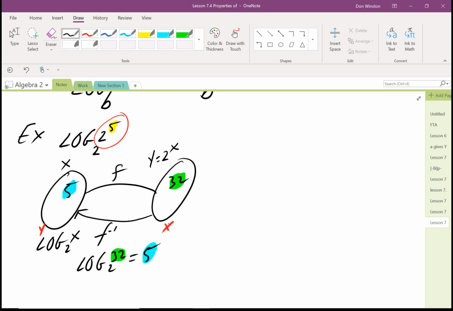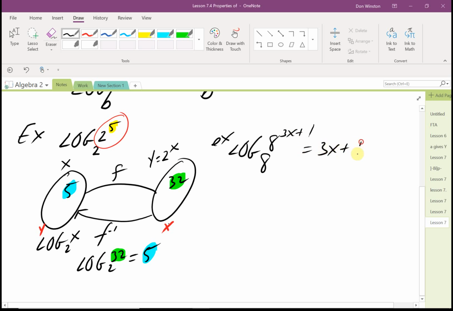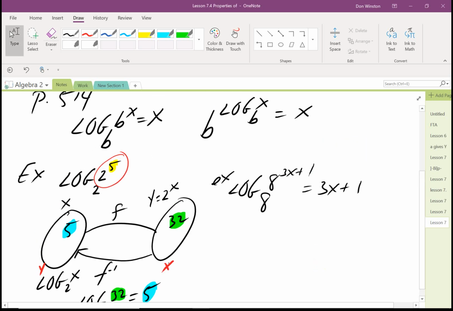So let's go over some examples. Here's an example, log base 8 of 8 raised to the 3x plus 1. Well, that's just going to equal 3x plus 1. That's what the inverse property says here. So that was x, and this is 3x plus 1.